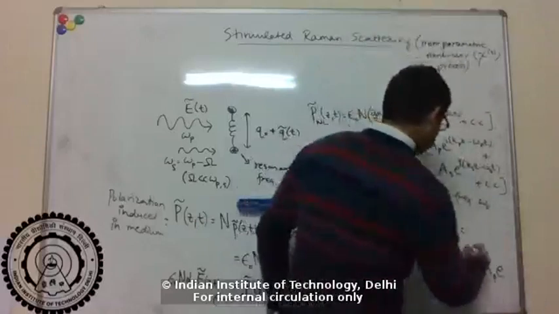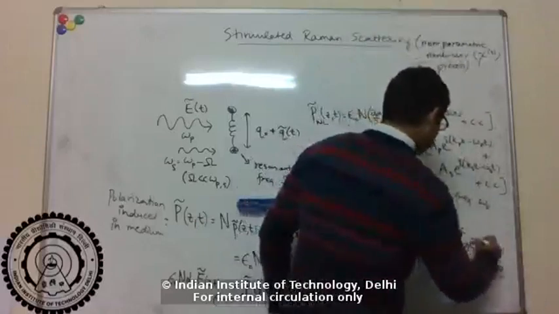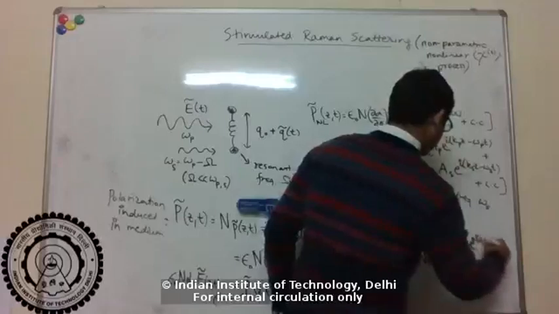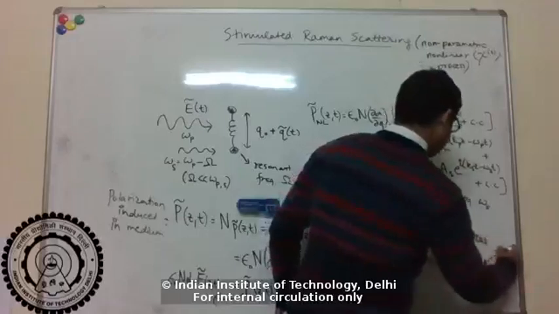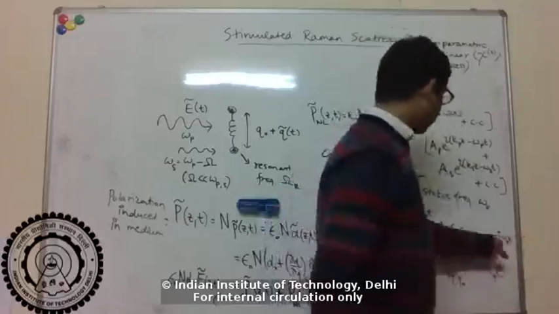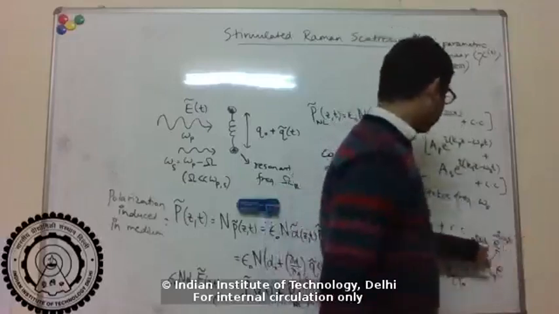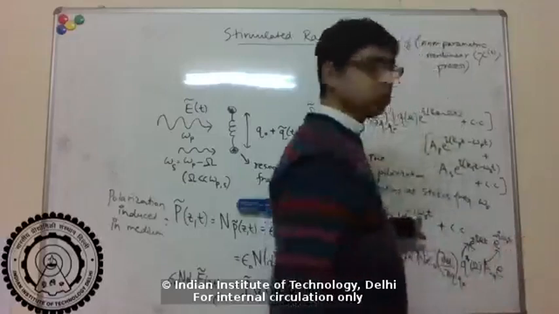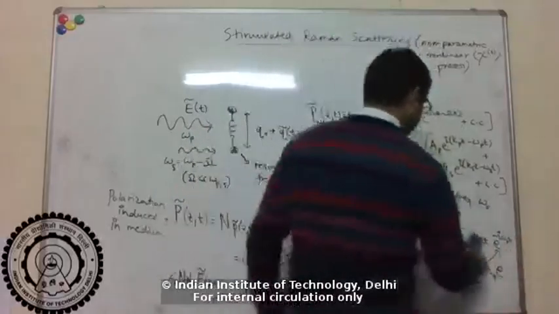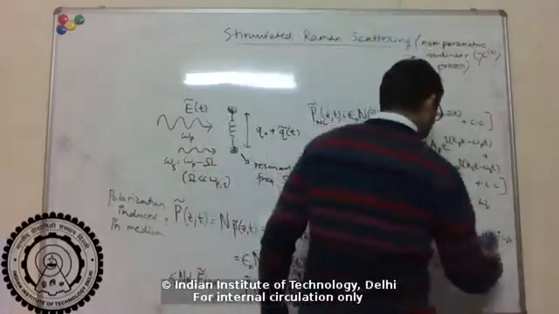So this Q omega has e to the I plus capital omega t. AP has e to the minus I omega p t, right? So when I take the product, I get e to the minus I omega p minus omega, which is omega s, right? I hope that's clear.